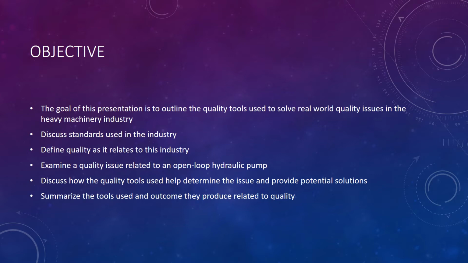We're going to discuss the standards used in this industry, define quality as it relates to this industry, examine the real-world quality issue related to an open-loop hydraulic pump, discuss how the quality tools used help determine the issue and provide potential solutions, and finally we'll summarize the tools used and the outcome they produce related to quality.